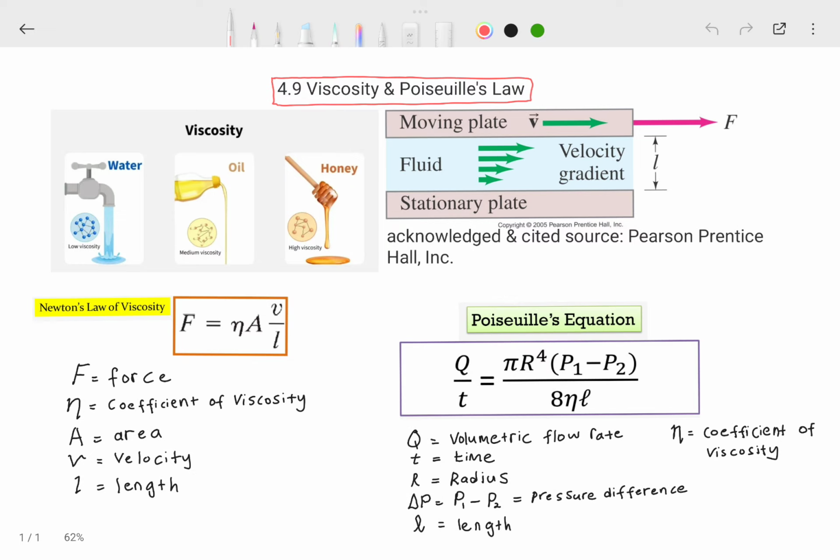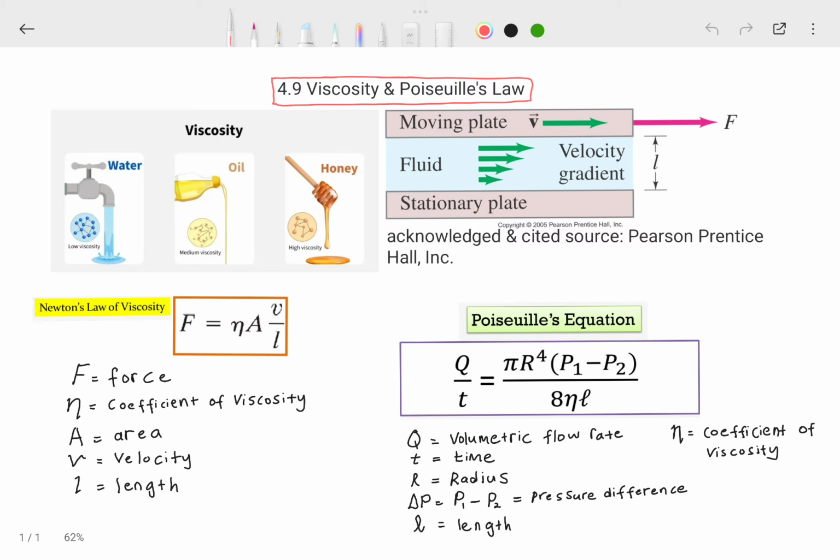If you look into this diagram, different solutions have different viscosity levels. So for example, between three solutions, water, oil and honey, honey and oil have a higher viscosity than water.